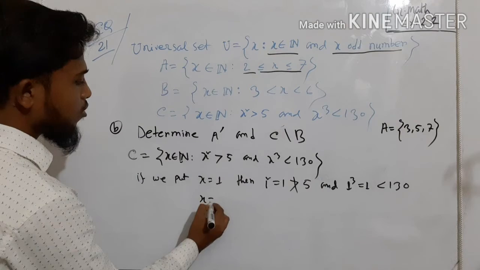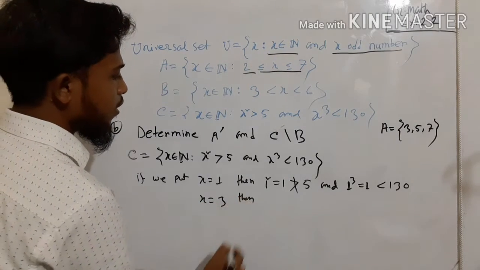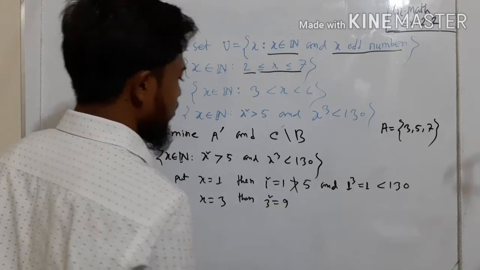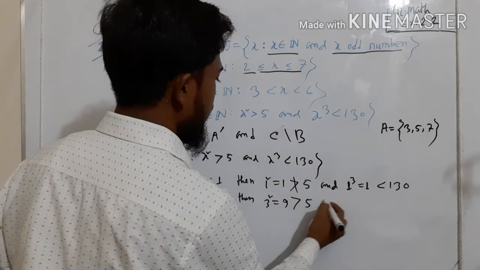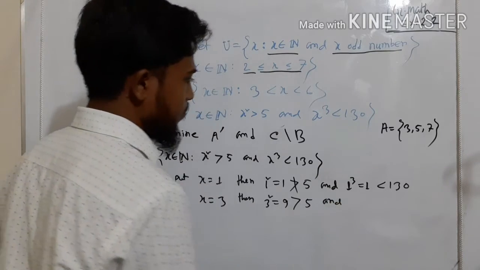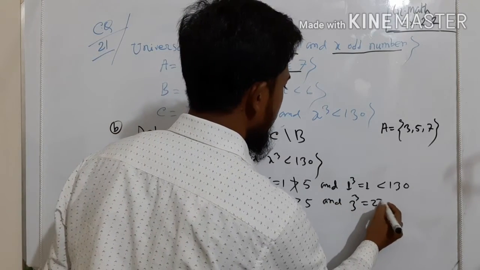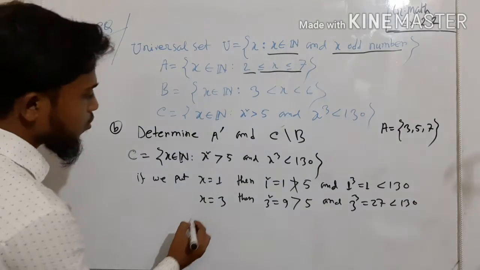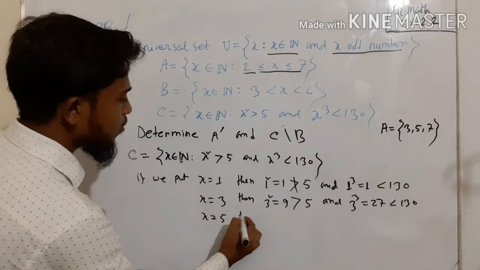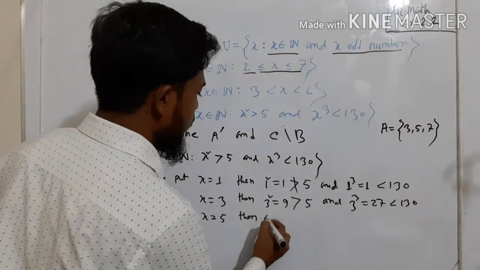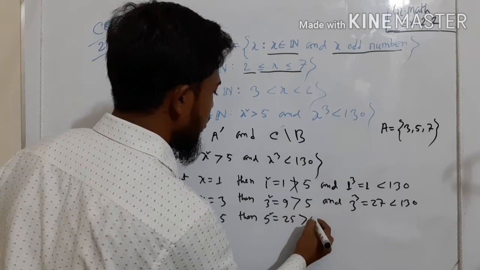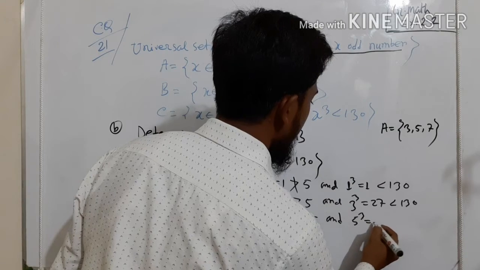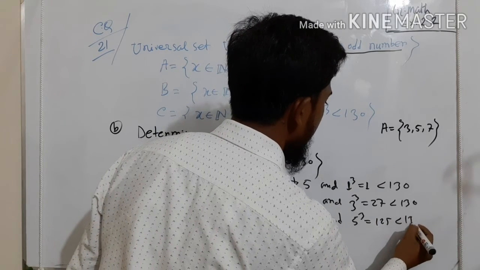If we put x equal to 3, then 3 square equal to 9 is greater than 5, and 3 cube equal to 27 is less than 130. If we put x equal to 5, then 5 square equal to 25 is greater than 5, and 5 cube equal to 125 is less than 130.